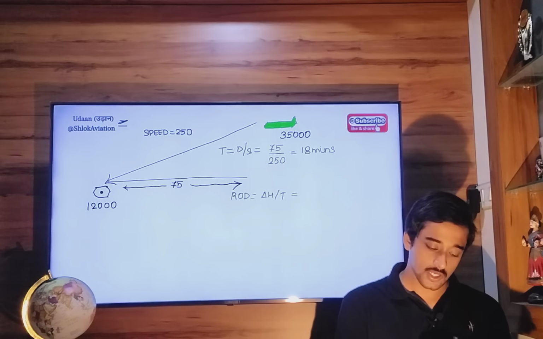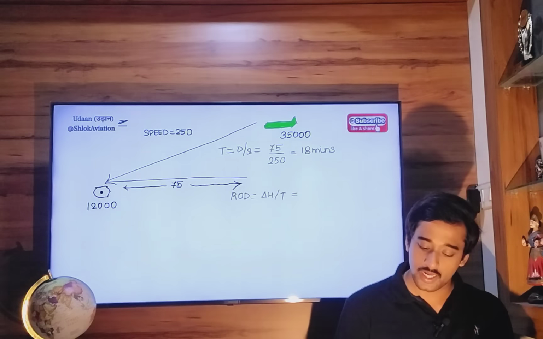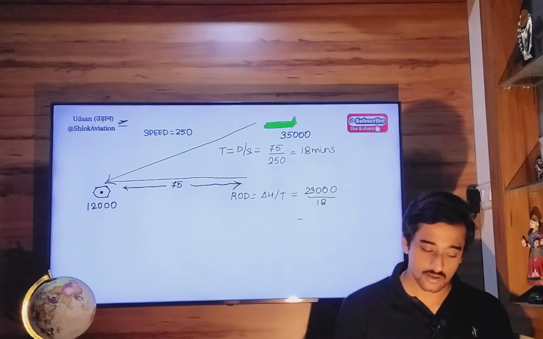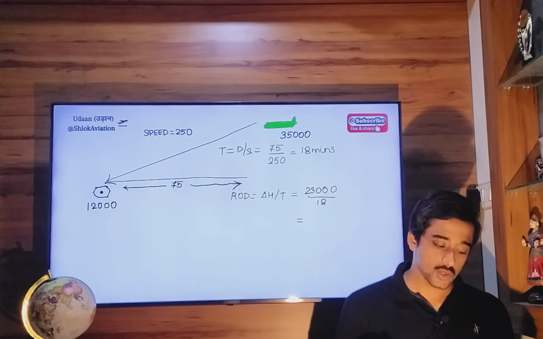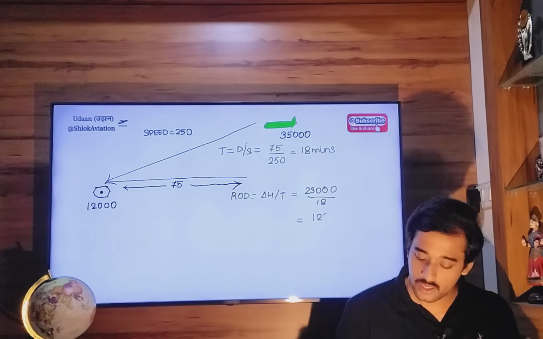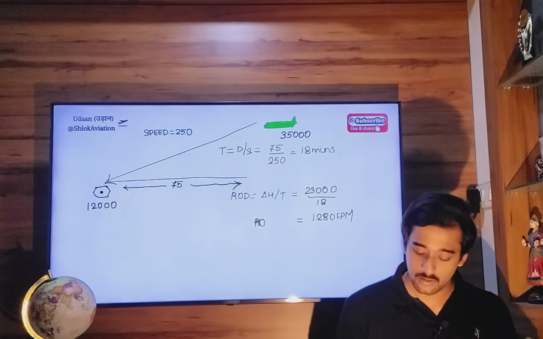So 35,000 minus 12,000 is 23,000 divided by 18 minutes, which is 1277, or approximately 1280 feet per minute. That will be your rate of descent.